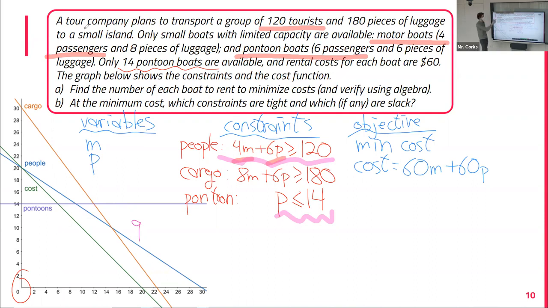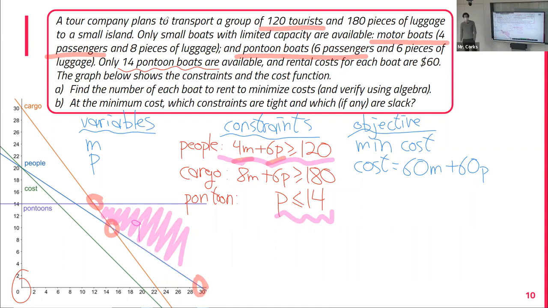So don't get fooled by the other questions having a different shape. Look at the inequalities carefully. This is the feasible region here. There's our feasible region. So the corners are 1, 2, and 3. Those are the possible corners.